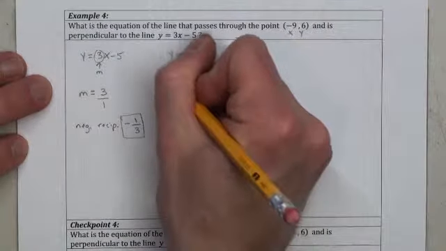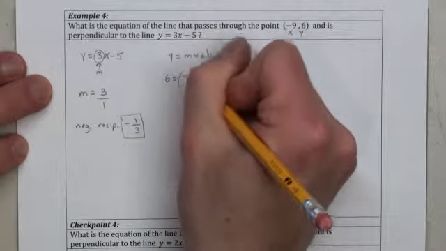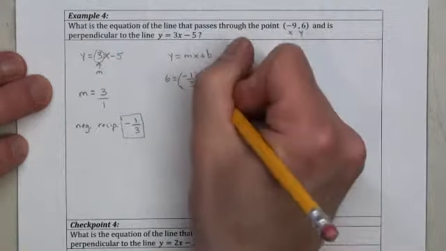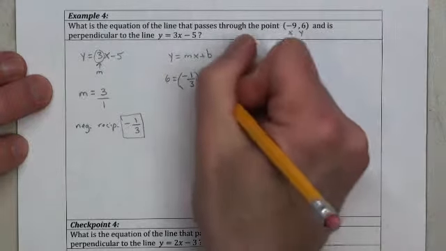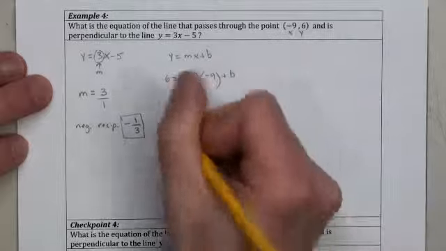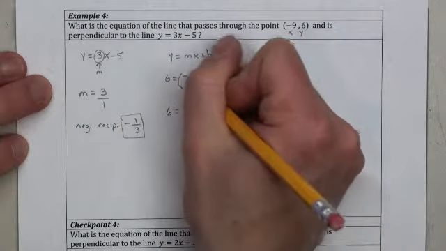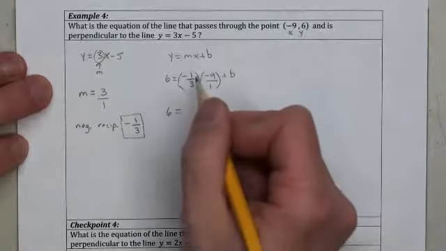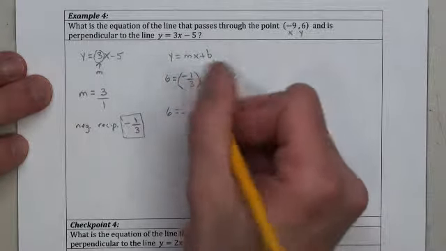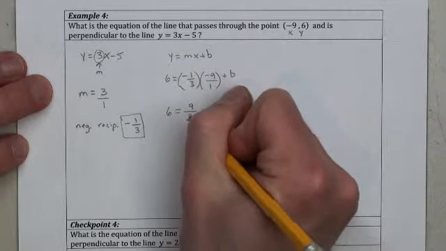So we have 6 equals -1/3 times -9 plus b. 6 equals, let's put the -9 over 1 so we can multiply these two numbers together. -1 times -9 is a +9, and 3 times 1 is 3.